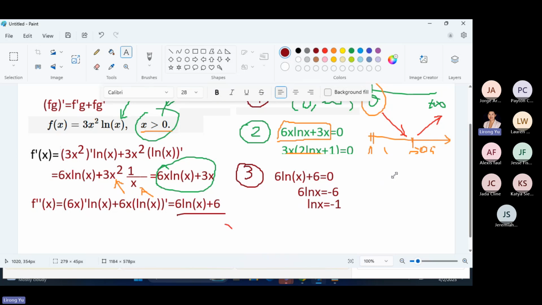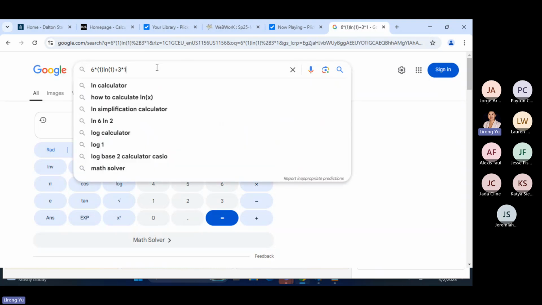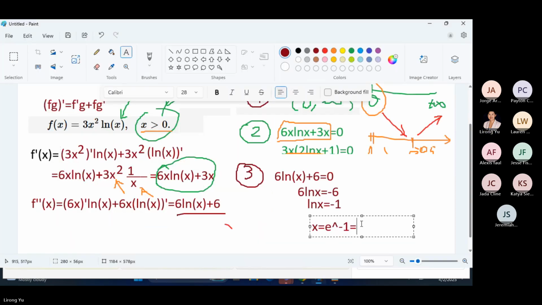How do we get rid of the log? We apply the exponential function to both sides of the equation, e on the left, e on the right. So x is going to be e to the power of negative 1, and we need to find the approximate value of this, which should be even smaller, and that was the value needed for estimation.